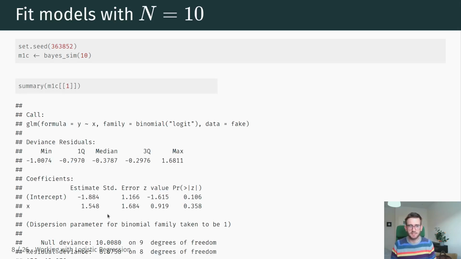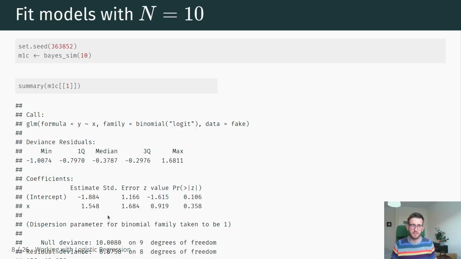And we see that this bias is even more extreme for our slope coefficient. We have a point estimate of 1.548, so even larger, due to the fact again that logistic regression tends to be biased for small samples, at least in the classical frequentist framework.